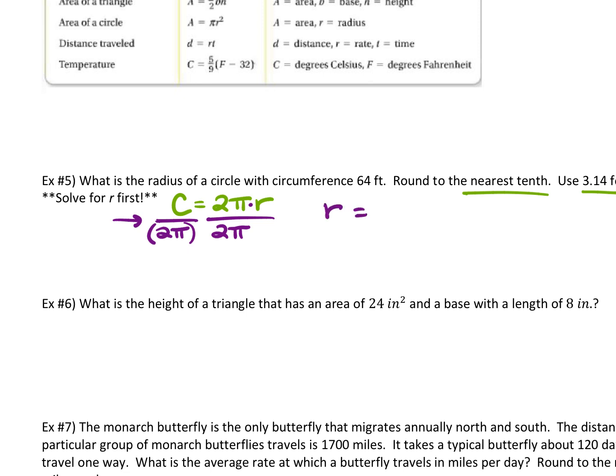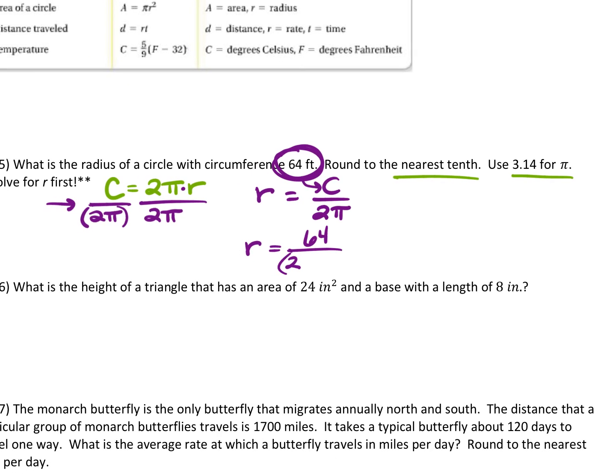Okay? So what is the radius of a circle? R equals C over 2 pi. If our circumference is 64, where is that going? That's your circumference, right? So we're going to drop that in for C. So the radius equals 64 divided by 2. It said instead of the pi button to use 3.14.